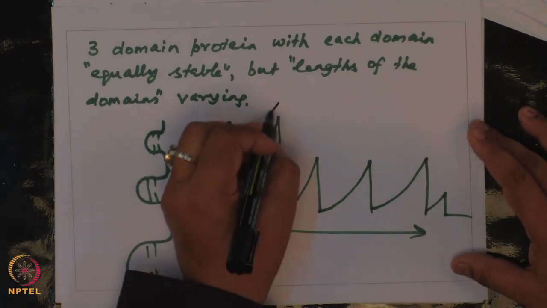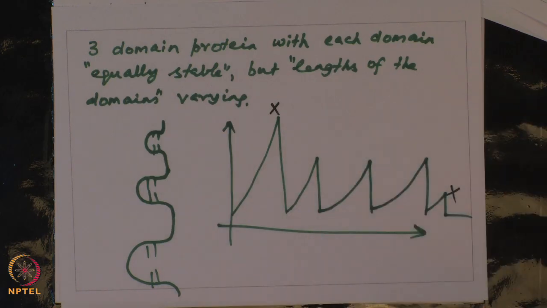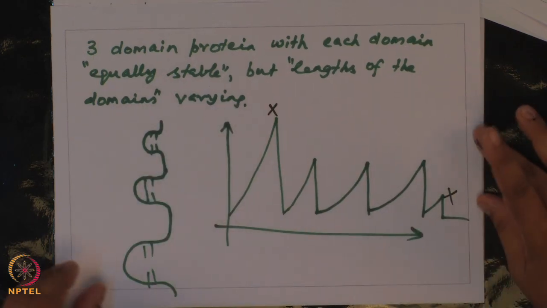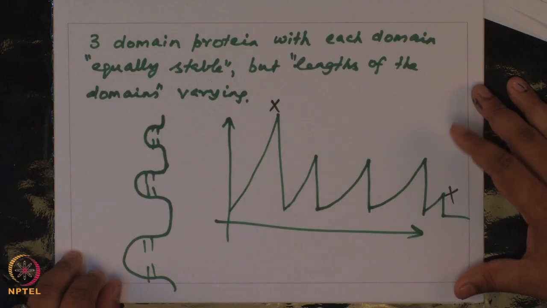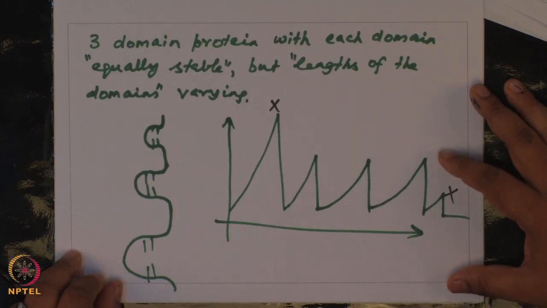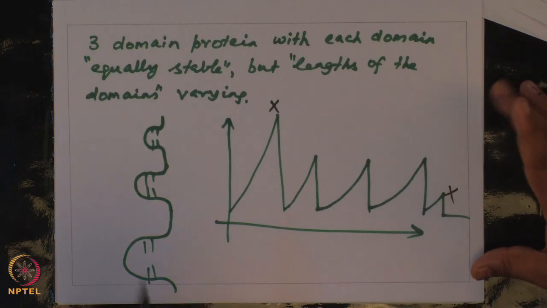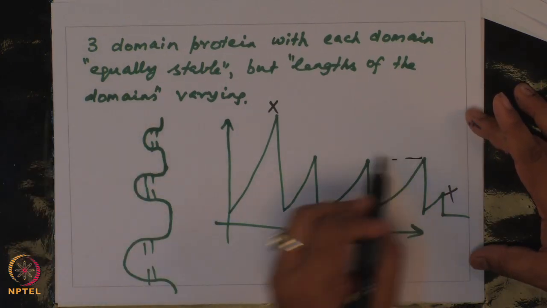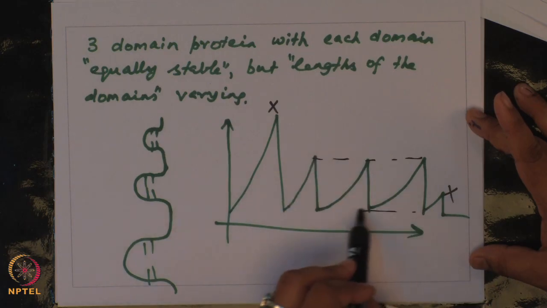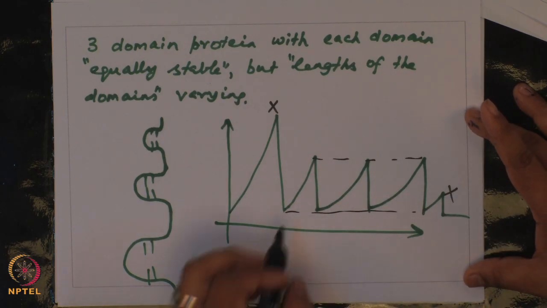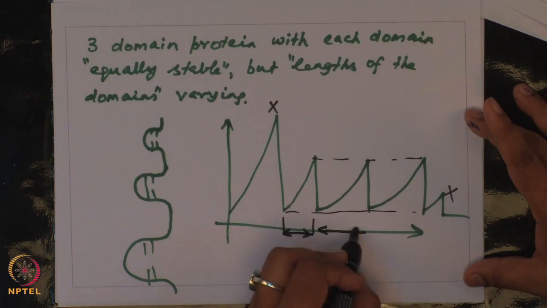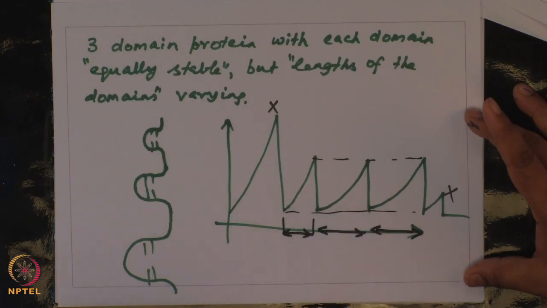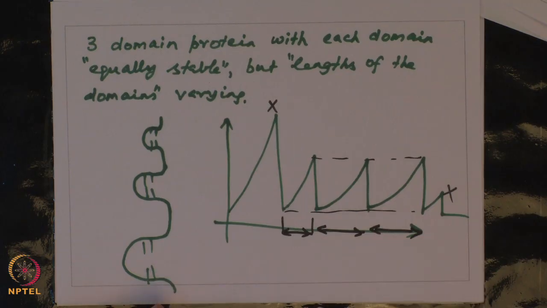Once again, I can dismiss the first and the last peak, but I have 3 additional peaks. So, 3 peaks. What you see is that the magnitudes of these forces are the same, but these lengths are different.